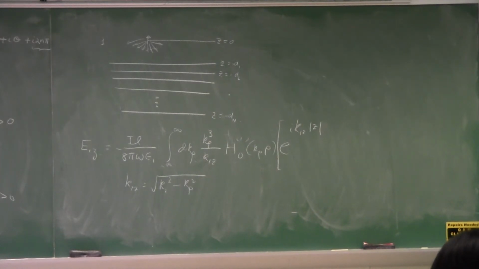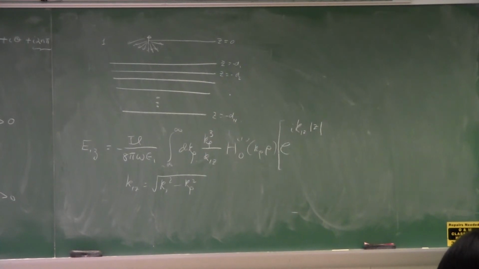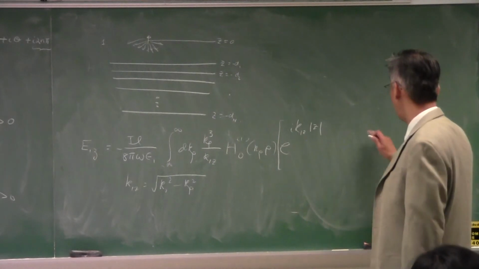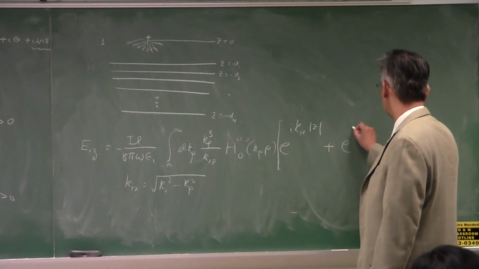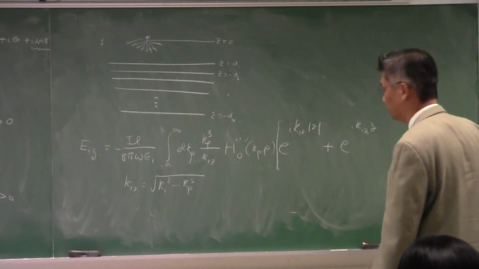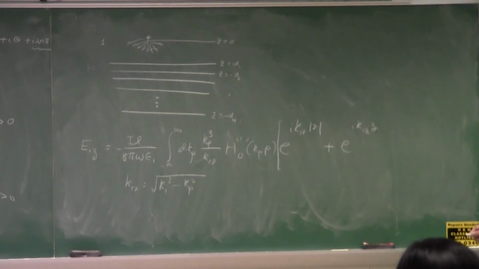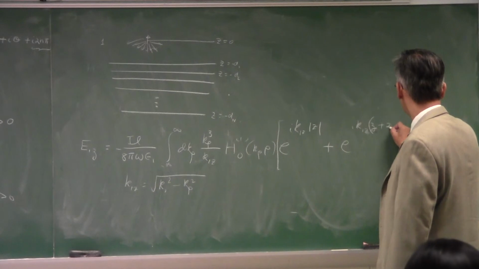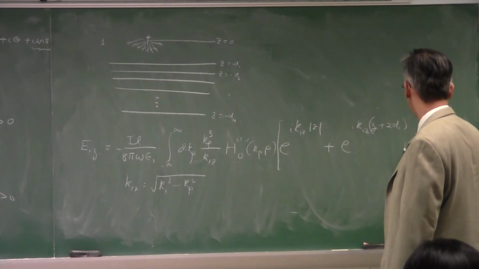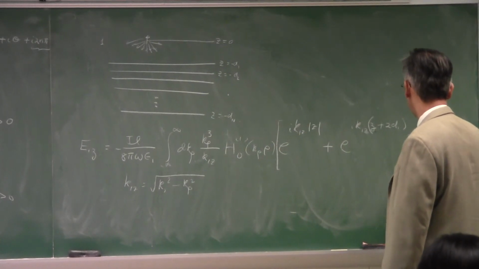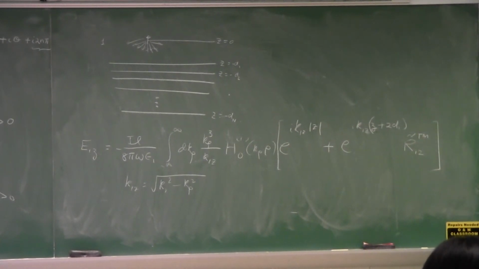What would the presence of the layered medium do to this solution, according to your physical intuition? Some reflected, right? You just have to add a reflected wave. The reflected wave will propagate in the positive z direction, and when z equals minus d1, okay, this phase will come up to be correct, and then you add a generalized reflection coefficient for TM waves, TM plane wave.